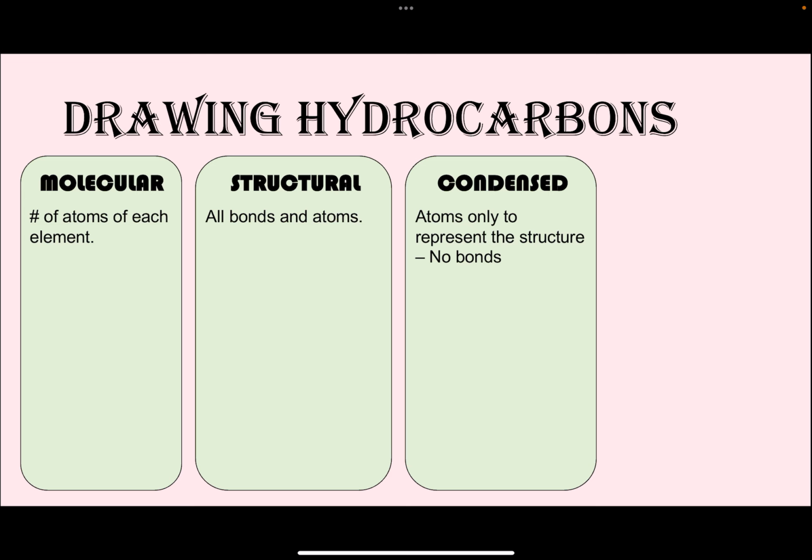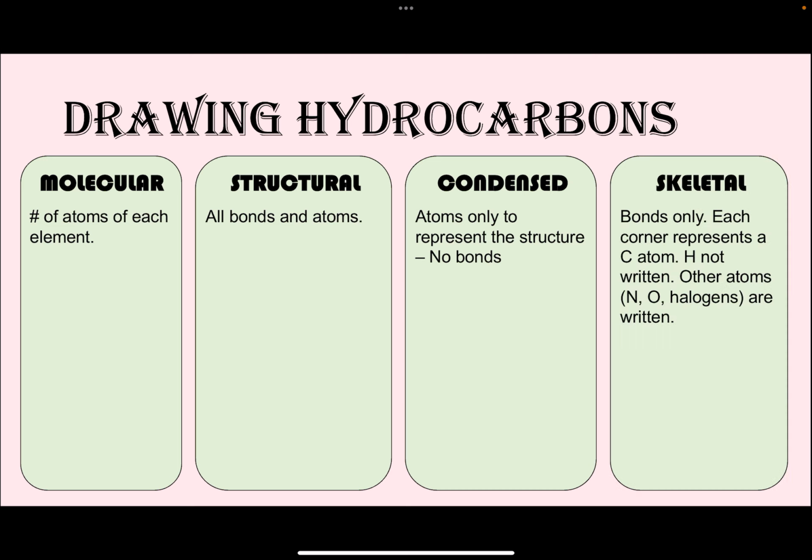Then we have a condensed formula. Condensed is where we take out the bonds from the structural formula but write everything else to indicate the basic structure. And finally, the skeletal structure, which is not a part of the Regents curriculum, but it's still a fun structure to draw. This is where we only draw the bonds between the carbon atoms. That's it.